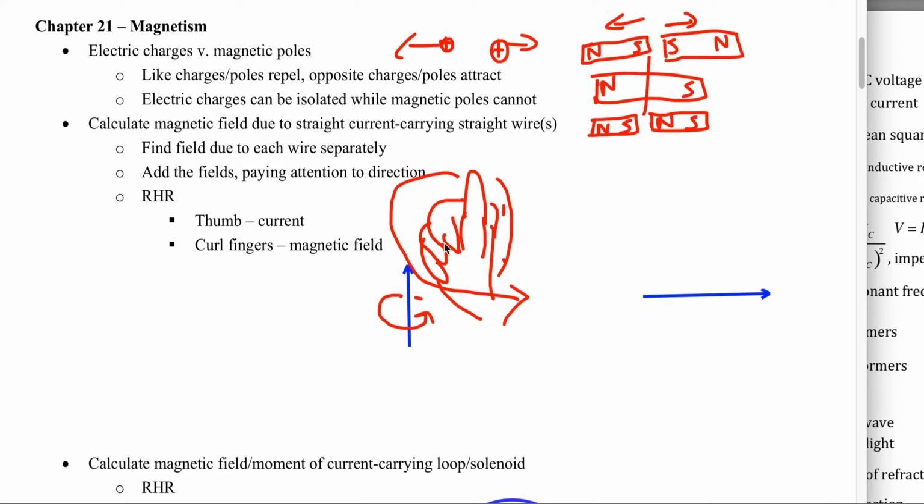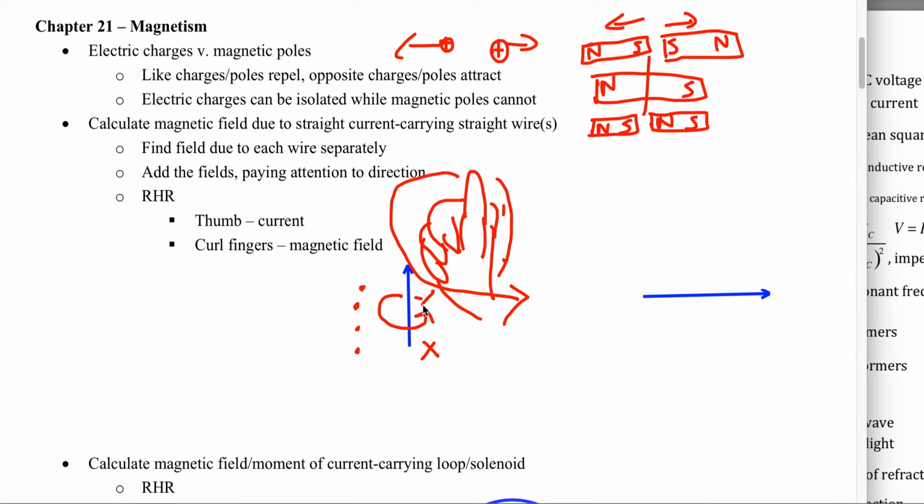So based on that, you need to be able to know which way the field is going. If you're to the left of the wire, you see that your fingers are coming toward you. That means the field is going out of the page. We use a dot. If you are to the right of the wire, you see the fingers are going in, or if you had super long fingers you could curl over, they would be going into the page here.